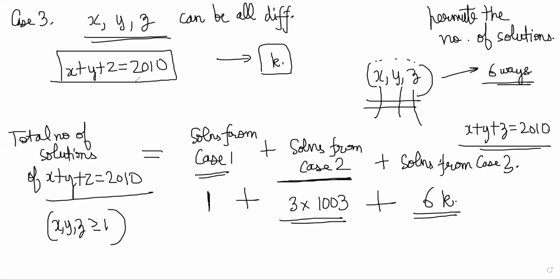Why? k was the number of solutions here when x and y and z were all different, and then we could arrange x and y and z among themselves in 3 factorial ways. So this is 6k, and we have this equation that 1 plus 3 times 1003 plus 6k should be equal to, we had found earlier, this was 2009 C2, right? So I'll write the equation here.